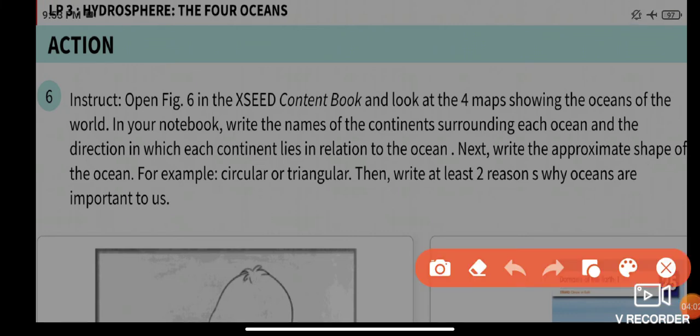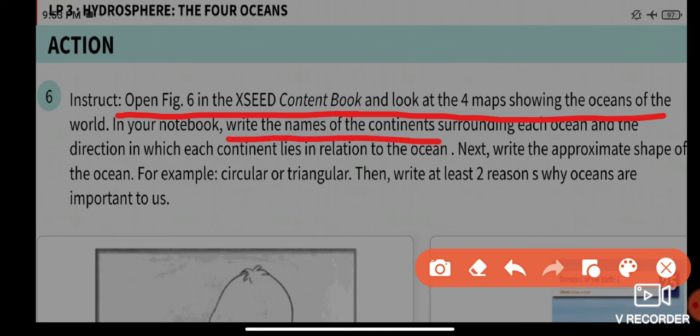First of all, open figure 6 and see the map of the four oceans. Then in your notebook, write the names of the continents surrounding each ocean and the direction in which each continent lies in relation to the ocean. Next, write the approximate shape of the ocean.